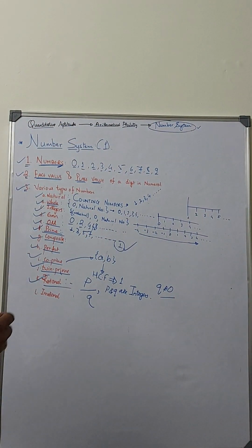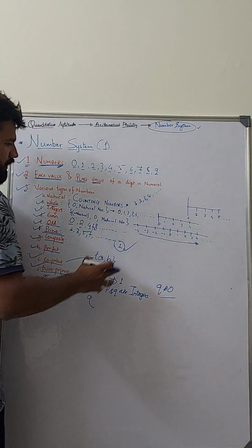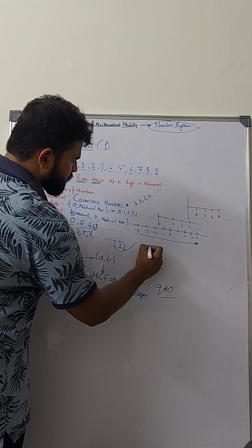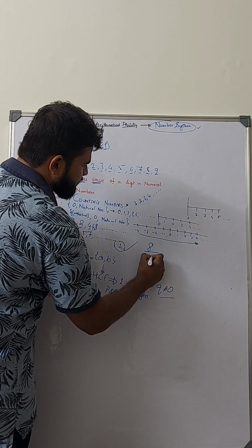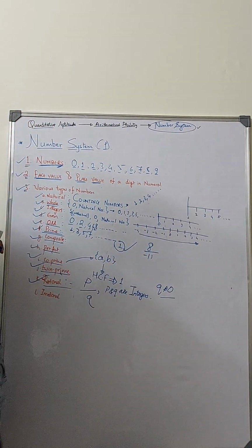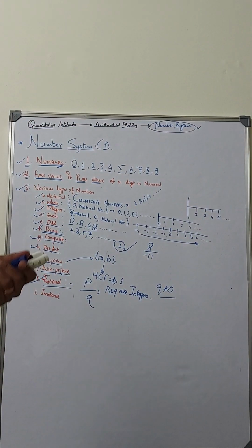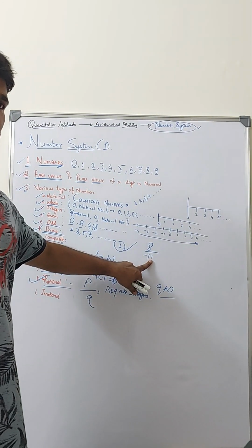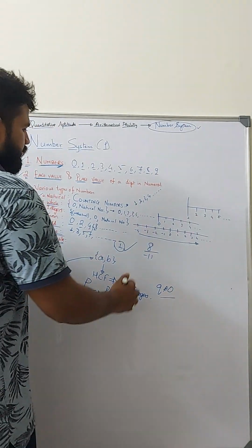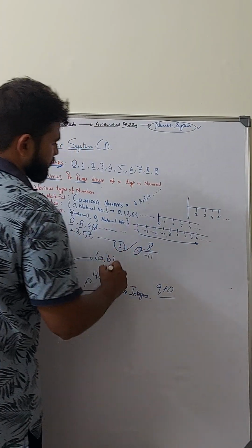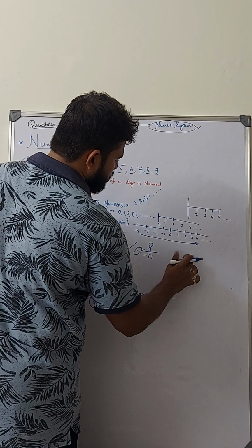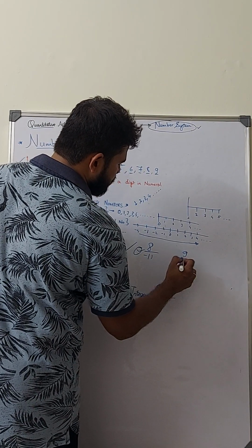So for example, you should say whether it is a rational number or not. 8 by minus 11. 8 is an integer, yes. Minus 11, the integer is q. Is q equal to 0? No. So it is a rational number. 9 by 9.